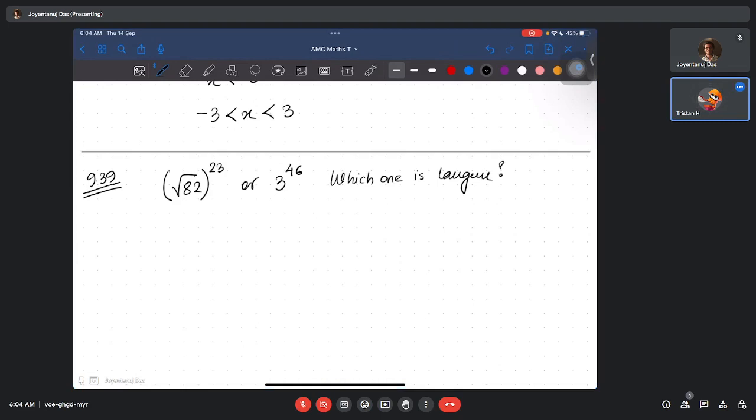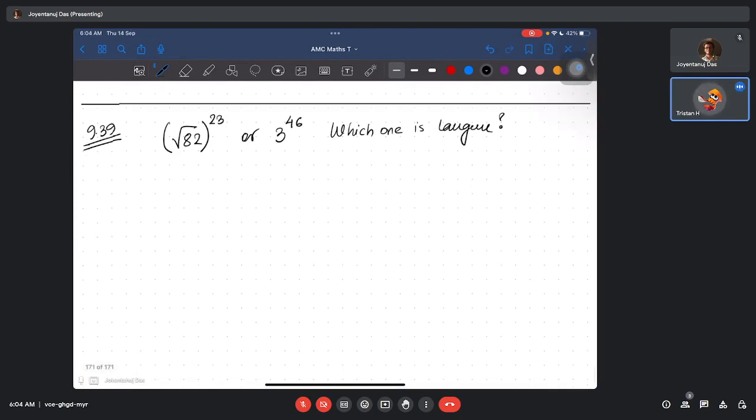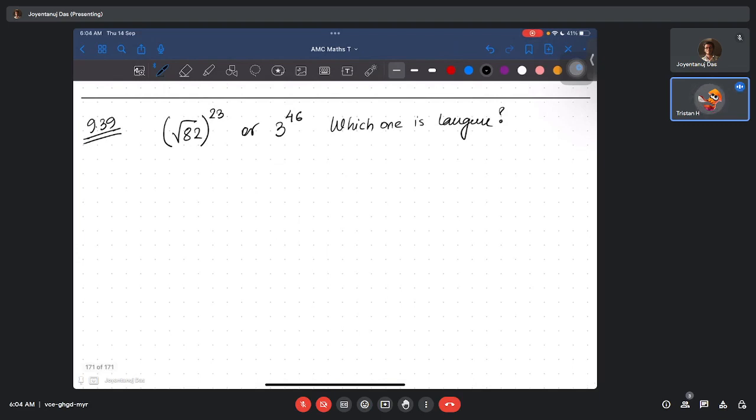Okay, why? Because 3 to the power 46, you can convert it to 9 to the power 23, which would be square root of 81 to the power of 23. And square root of 81 is less than square root of 82.